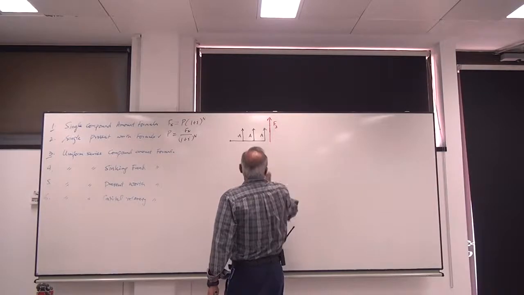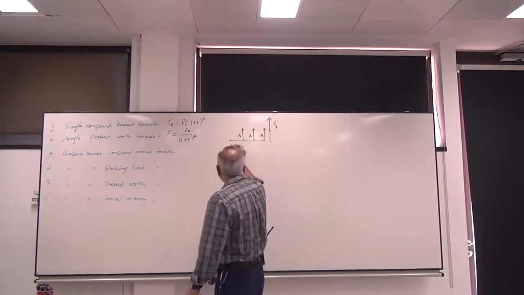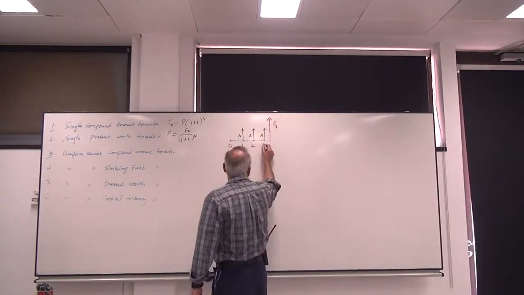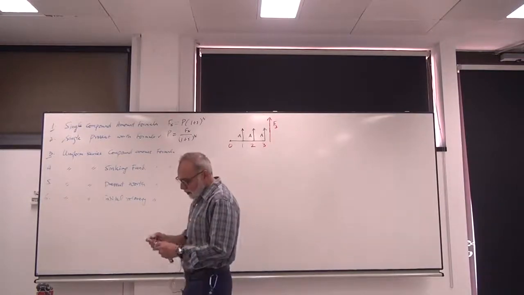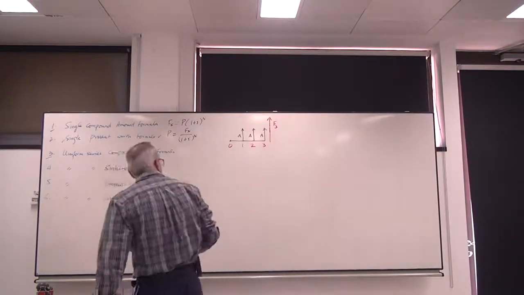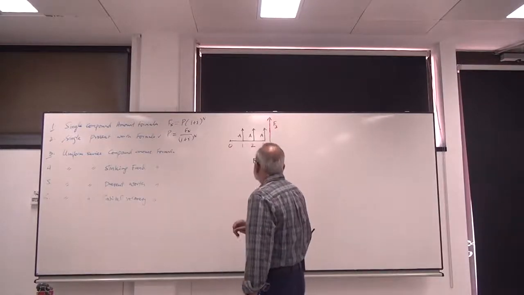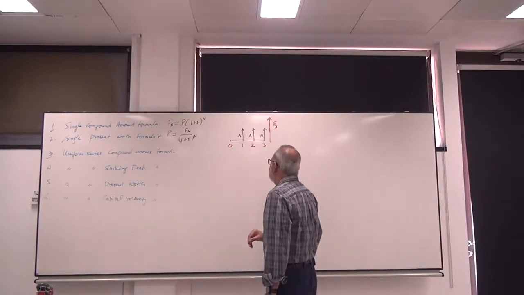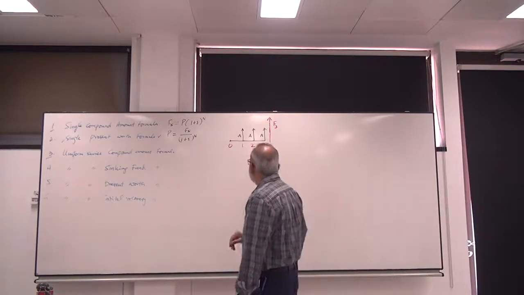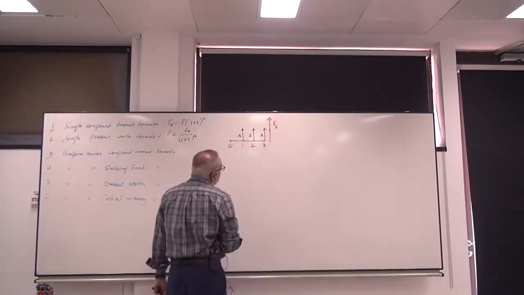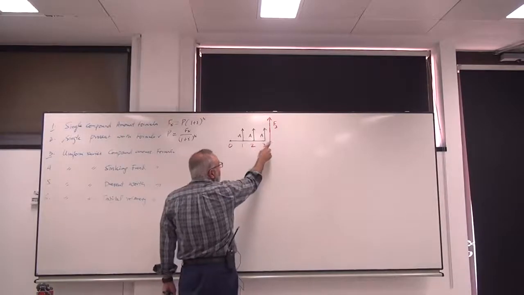Now F3, let's say we want to find out after 3 years. This is 0, 1, 2 and 3. 3 years, 3 periods, whatever we have. Normally we will be working each year, at the end of each year. Now we want to find out what is F3.